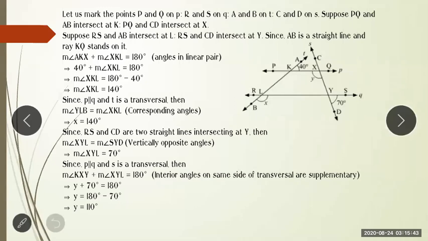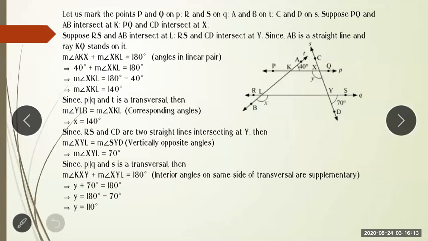Now first we have taken two angles, because it is a linear pair. First we have taken measurement angle AKX plus measurement angle XKL equal to 180 degree. Now we know the measurement angle AKX is 40 degree. So we have written 40 degree plus measurement angle XKL equal to 180 degree.